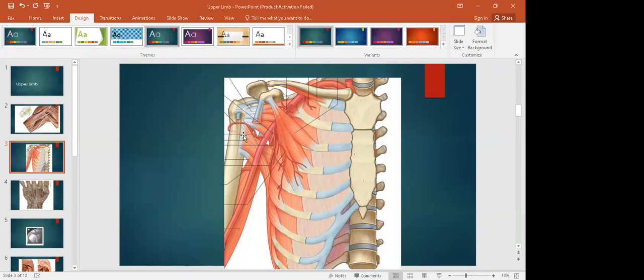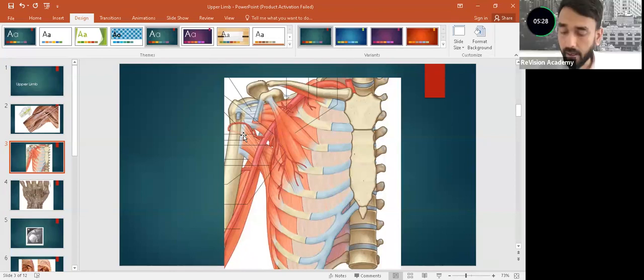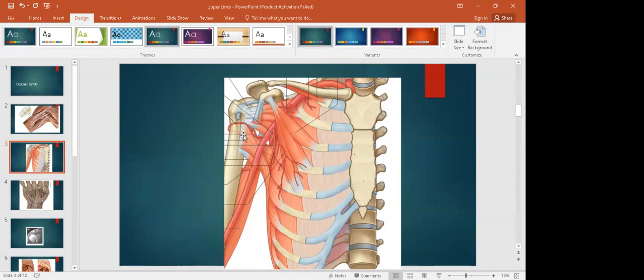Then the second part has the thoracoacromial artery, lateral thoracic artery, and the third part has the subscapular artery, and anterior and posterior circumflex humeral arteries. Okay, how is this axillary artery divided into three parts? It is divided by the pectoralis minor muscle.